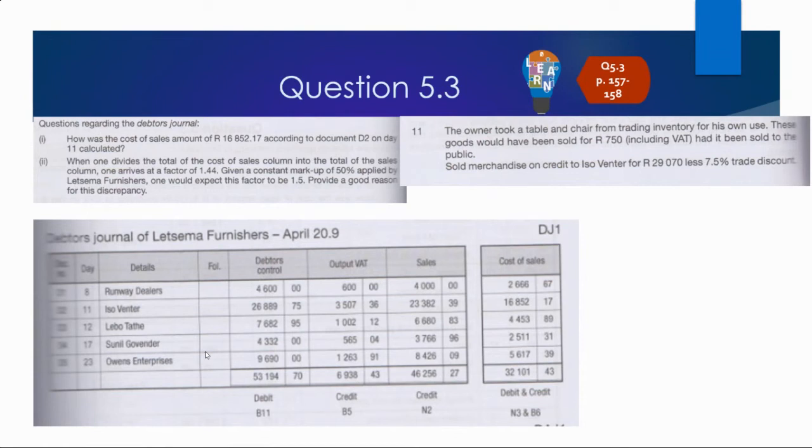And the markup percentage is 50% on the goods, on cost. Okay, so let's quickly see our markup. I'm just going to put it in the chat function. So the markup is markup on cost equals 50%.